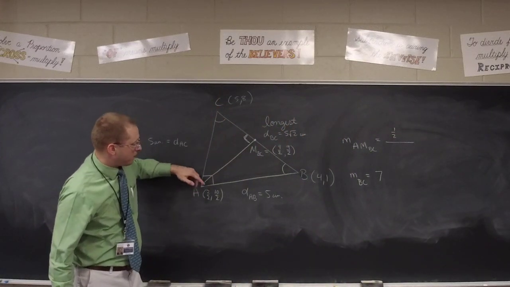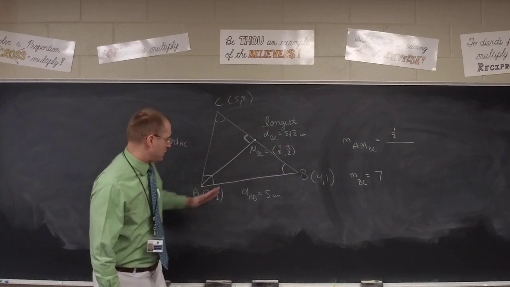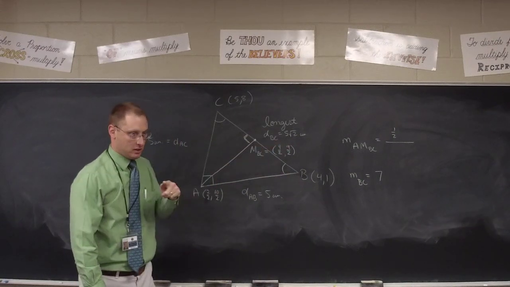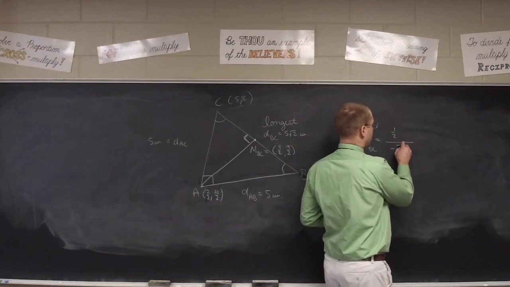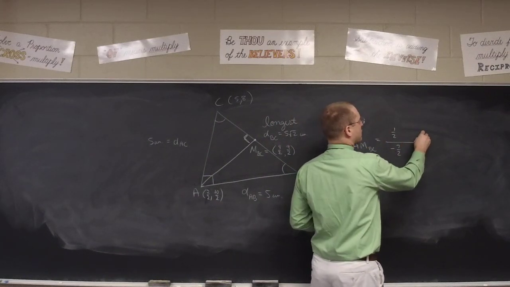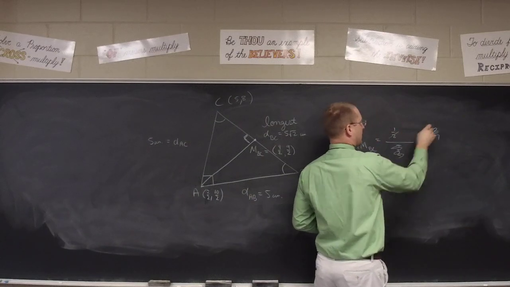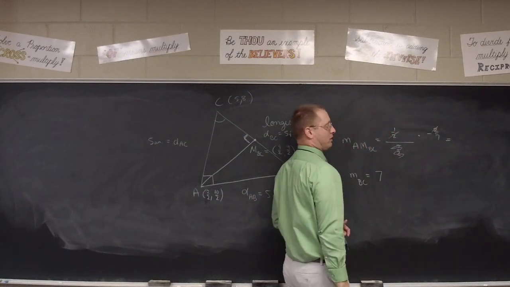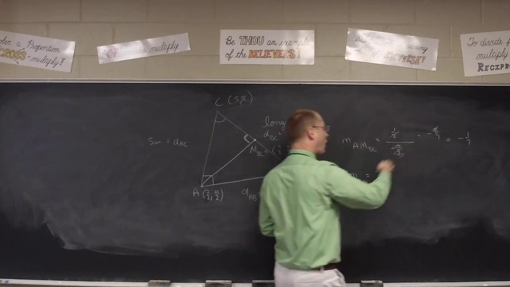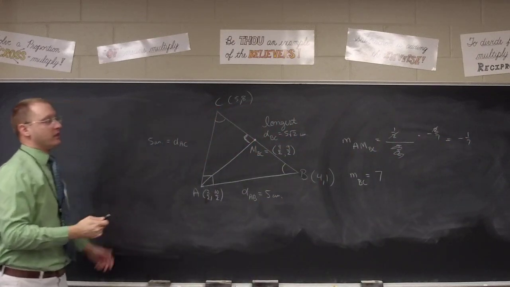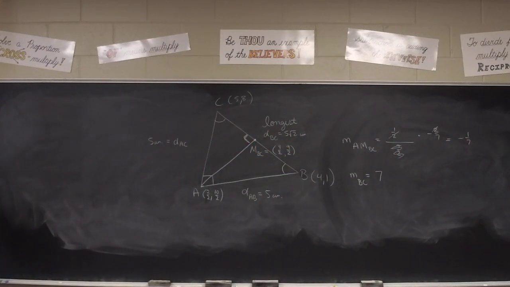Going this way, 10 halves minus 9 halves, we need 2 halves minus 9 halves, negative 7 halves. Multiplying by the reciprocal, negative 2 sevenths, things cancel, and my slope is negative 1 seventh. Are those negative reciprocals? Then my median is indeed perpendicular to my side, making it an altitude and a median at the same time.